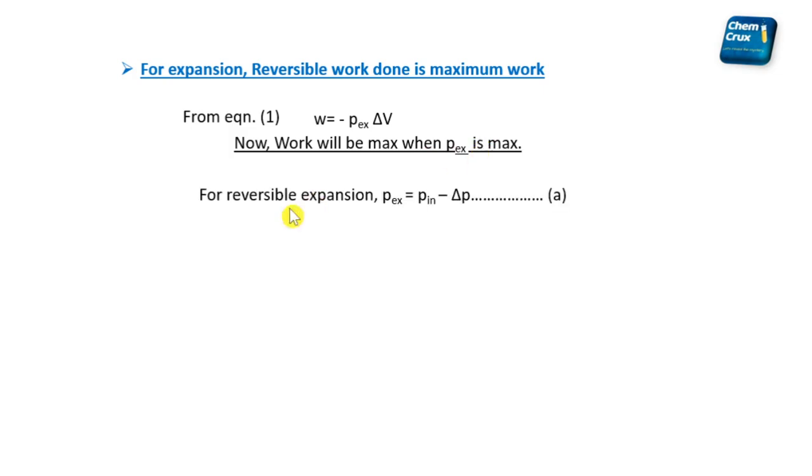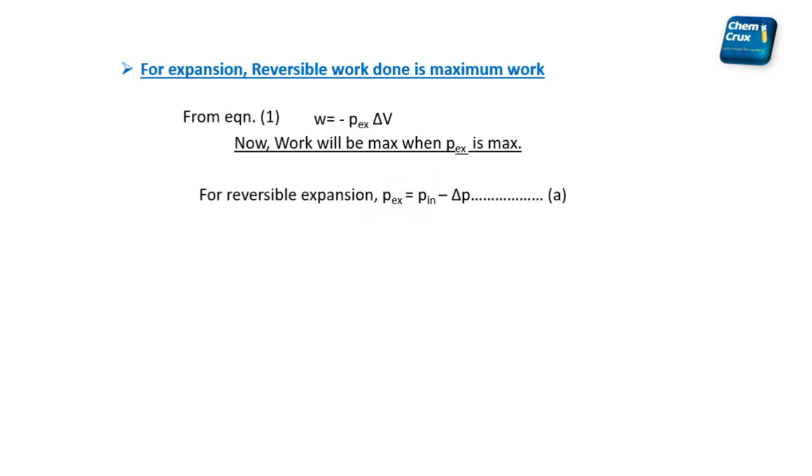For reversible expansion, we know that the condition is that the external pressure is less than the internal pressure by a very small amount, delta P, right? So Px is equal to Pin minus delta P, and we have got this equation in previous slides also.